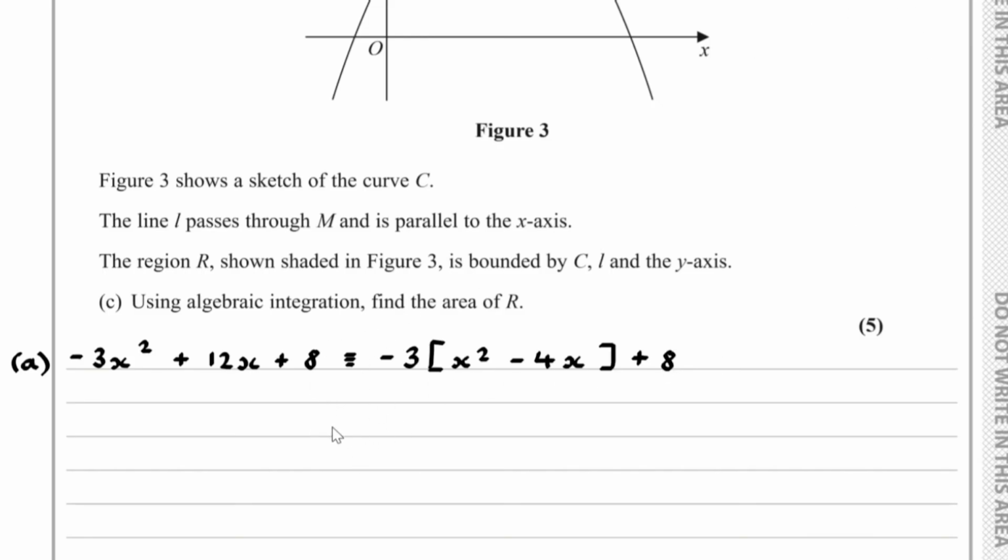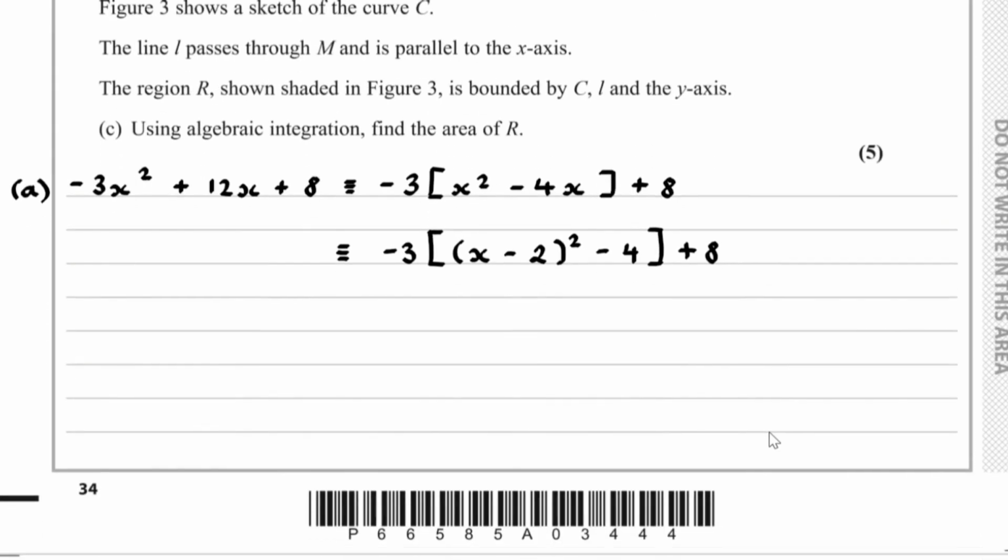So if we complete the square of this big bracket, we've got minus 3 on the outside, and then here we would have x minus 2, half of the 4 is 2. And then we square this and we subtract off the square of 2, which is 4. And then we've got the plus 8. So we've got minus 3 lots of x minus 2 all squared.